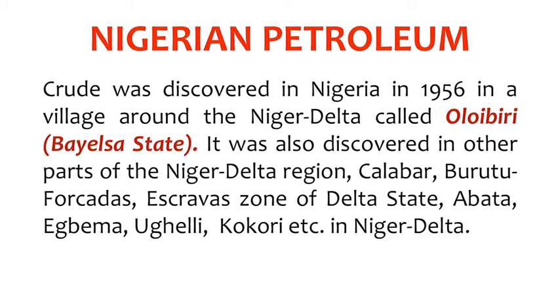We also have petroleum in Imo, and in Ondo, but we call those areas the Niger Delta region. In the Niger Delta, we have areas like Ogbemudo, Ogele, Kokori, and so on and so forth.